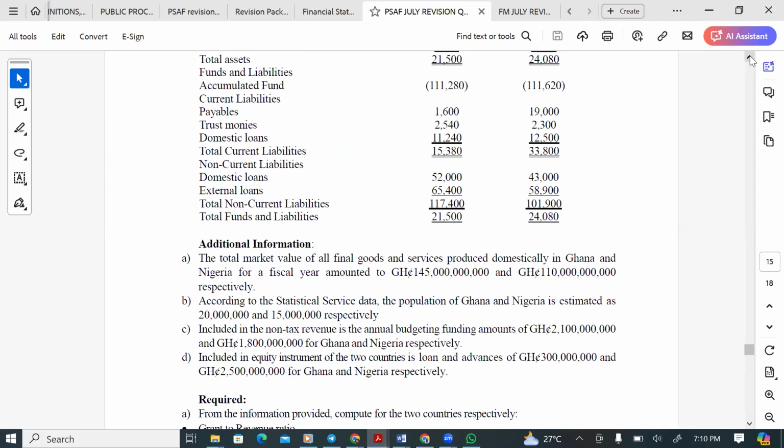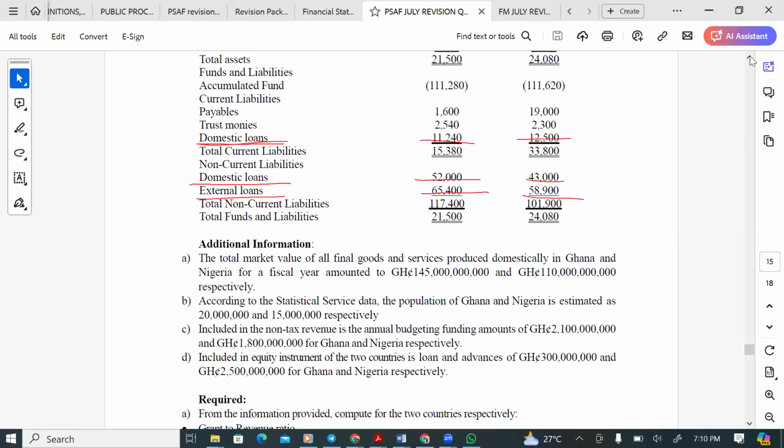The debt they are talking about will be the domestic loans and external loans. It doesn't matter if it has been classified as current liabilities or non-current liabilities. They are all debts. So you pick the debt one by one, and the same thing, we come here and calculate their debt like that.